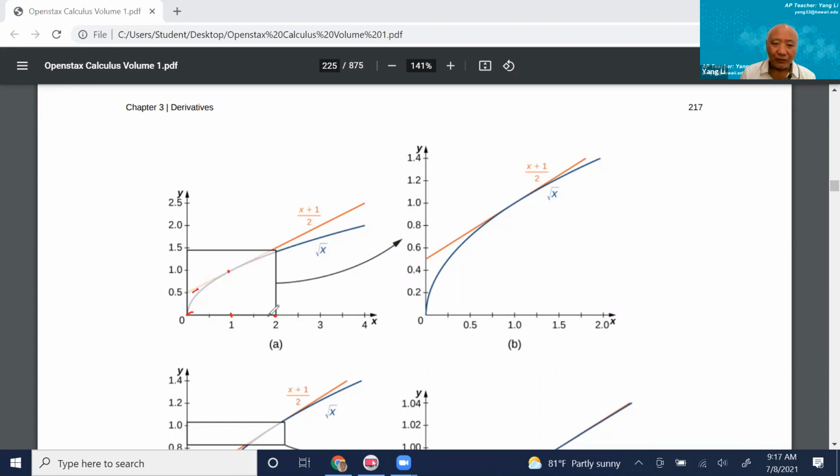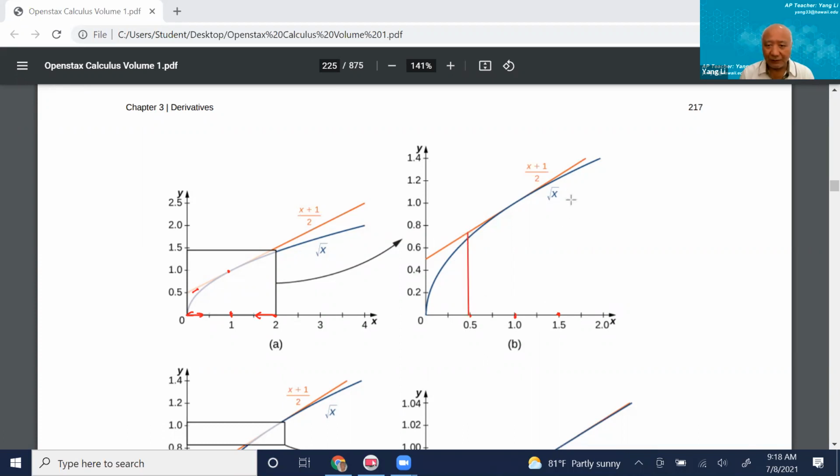Now we're thinking about making the interval smaller, which means the interval goes closer to 1. When we look at this graph, it is 0.5 unit to the left and 0.5 unit to the right.